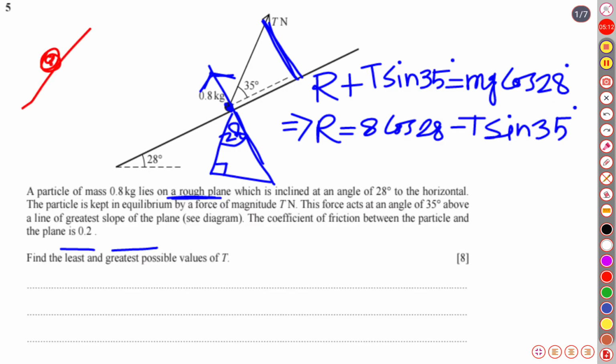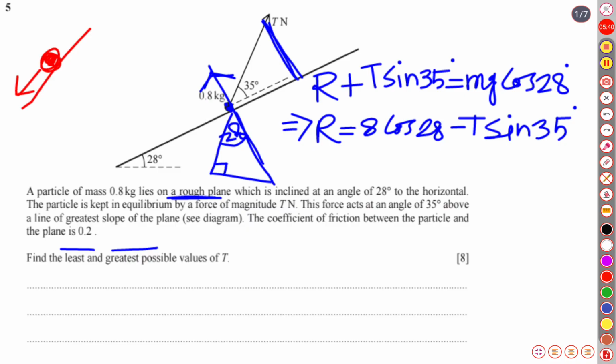Due to acceleration due to gravity, the particle is about to move down. Only the weight is trying to slide the particle down, whereas the rest of the forces act as resistance forces. So this is the first scenario.